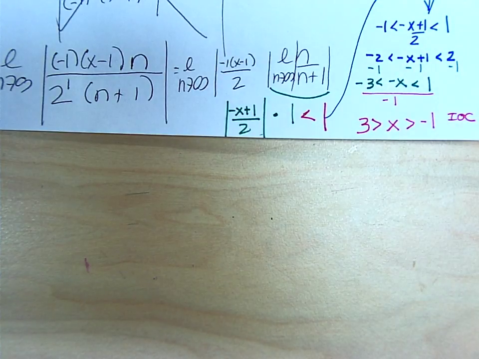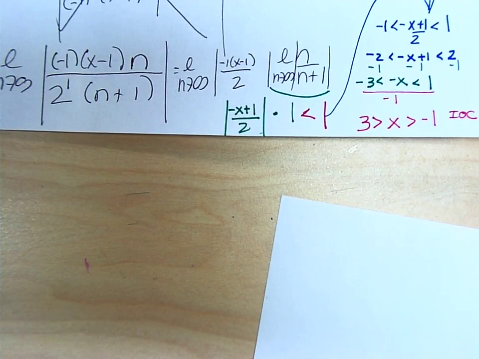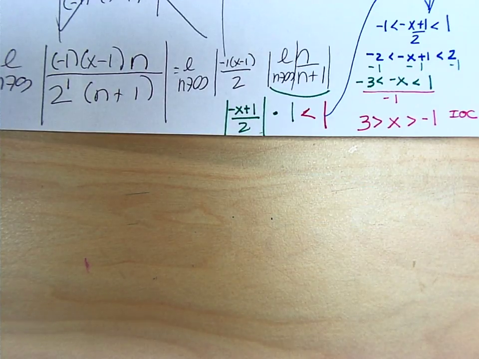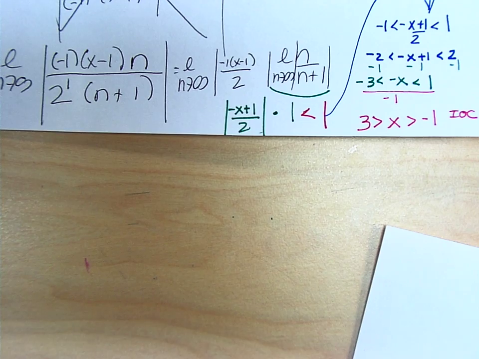Now I'm going to show you a shortcut. Your book tries to explain this right out of the box, but I feel strongly that kids don't know what the heck's going on if you try to show them it right from the beginning without doing some work finding intervals of convergence yourself.